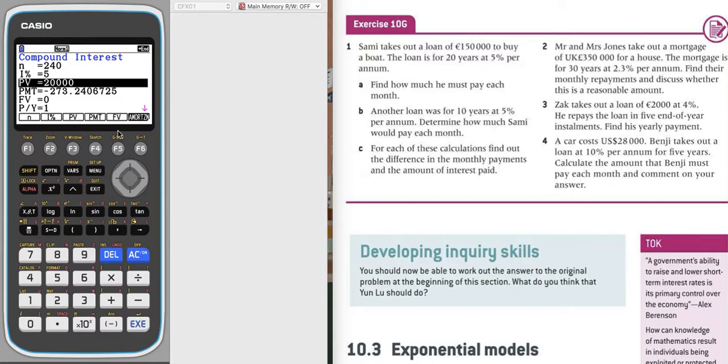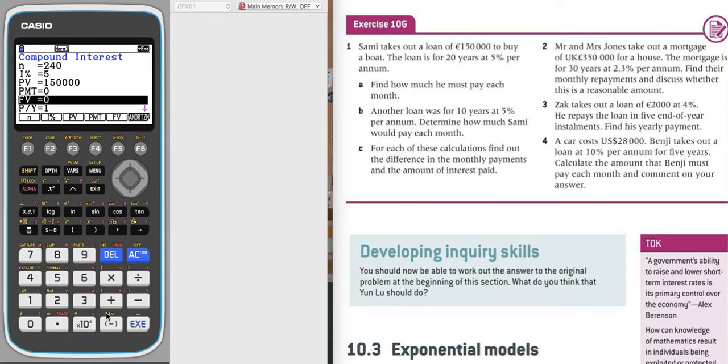The present value of the debt is 150,000 because that's been borrowed. The future value will hopefully be zero because you don't want to owe anything anymore.